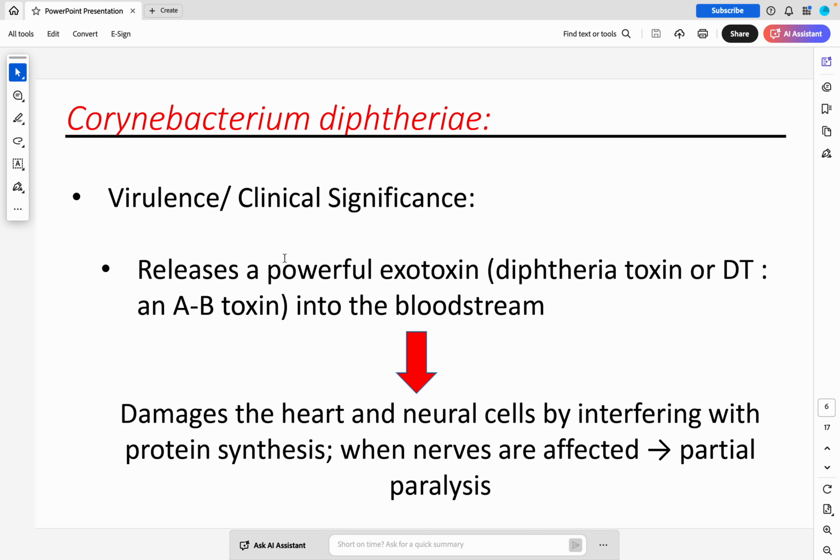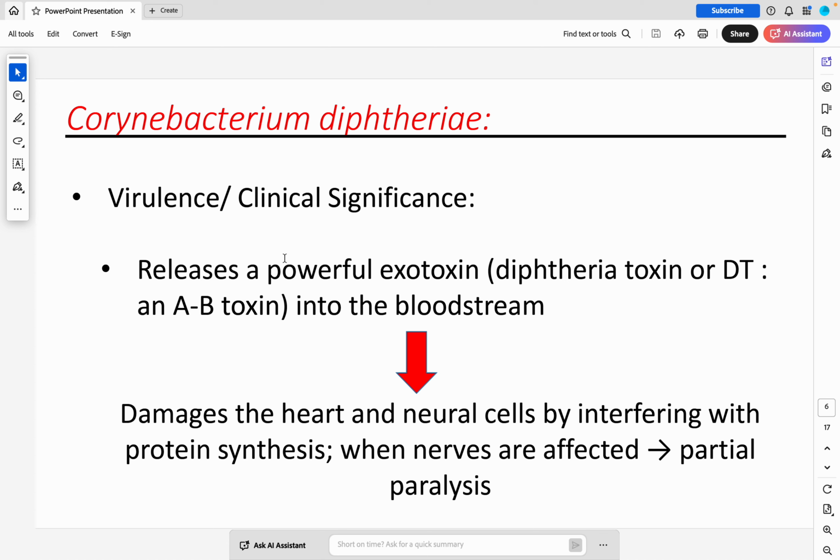The B component binds to its particular receptor on the surface of the cell membrane, allowing the membrane to lose its integrity, hence allowing the A unit to be translocated inside the host cell.